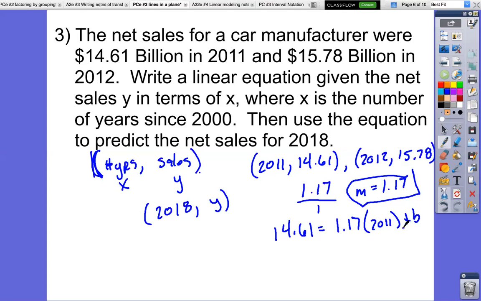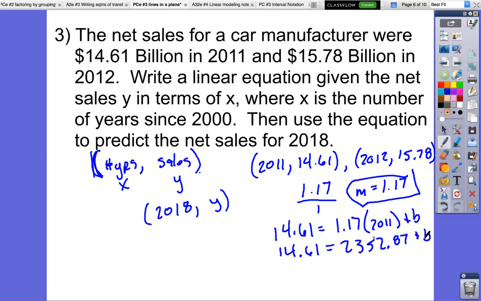So I've got 1.17 times 2011 and then I need to subtract that.